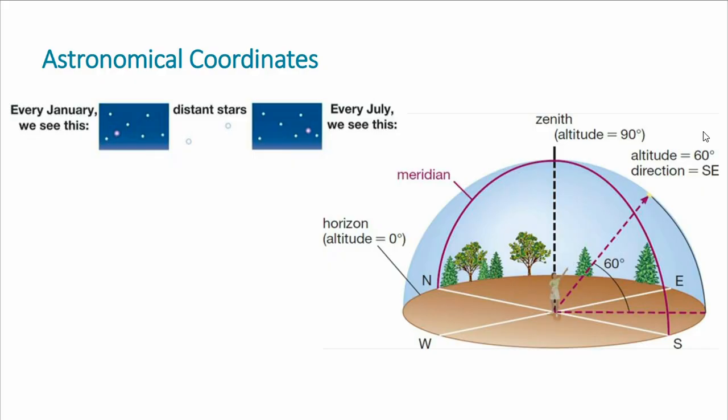So I could say, look 30 degrees above the horizon if you're facing east, and you'll see some interesting object. So this is fine if you're trying to tell people who live in the same place as you where to look in the sky. But as it turns out, not everyone lives in the same place on the Earth, and so this way of measuring positions on the sky is not going to be very useful.